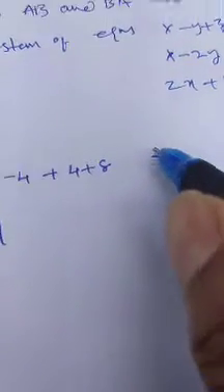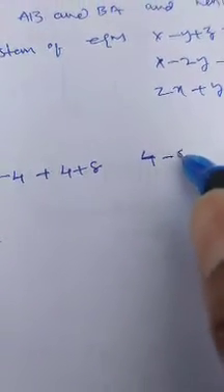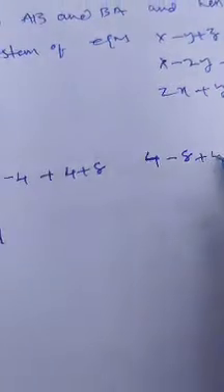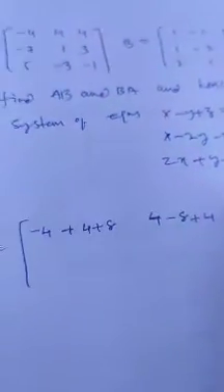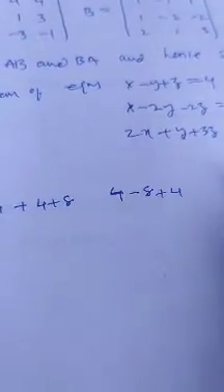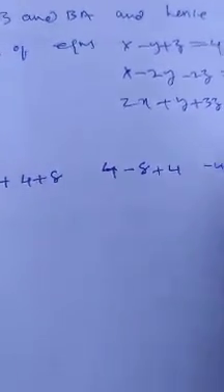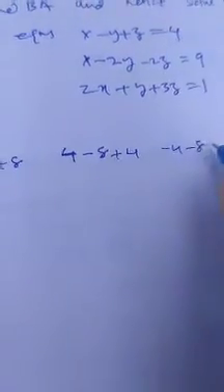First row into second column, you will get 4 minus 8 plus 4. Next, first row into third column, you will get minus 4 minus 8 plus 12.